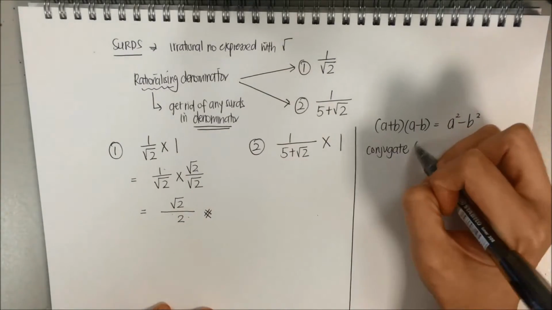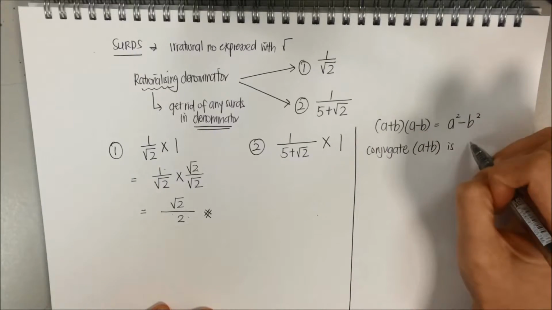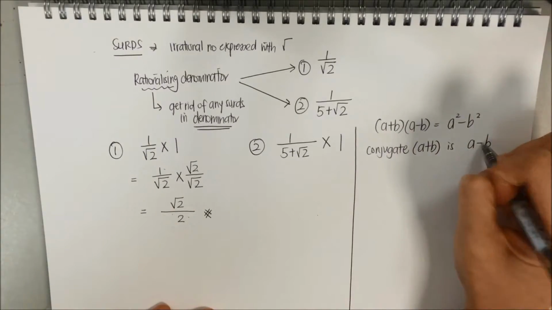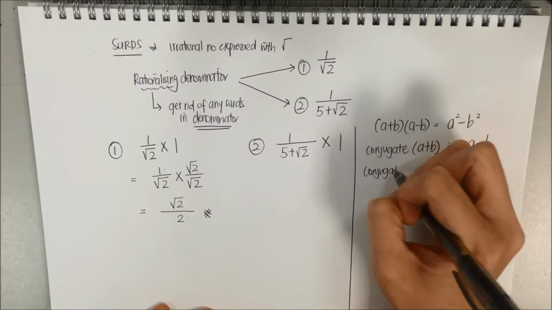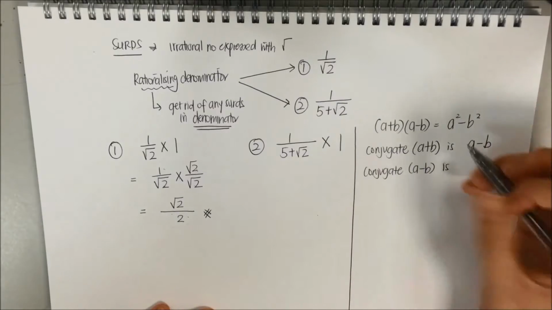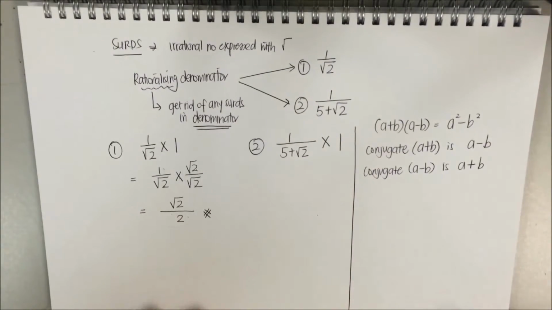This is an example of a conjugate. The conjugate of A plus B is, we use the same values A and B, but instead of plus, we put minus, the opposite. Another example: the conjugate of A minus B would be, again using the same values A and B, but instead of minus, we have a plus.